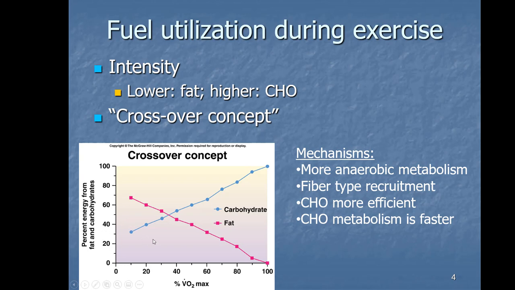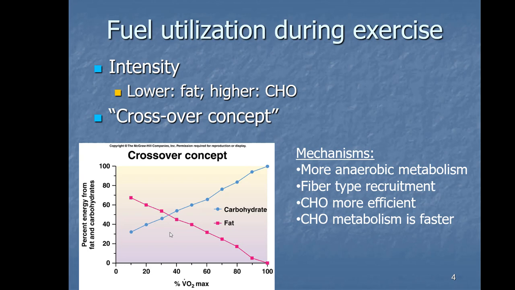As you can see, as intensity goes up, the body relies less and less on fat as a substrate and more on carbohydrate. This crossover point varies depending on the individual, but that's why this is called the crossover concept, because there's a crossover point where you switch from mainly using fat to mainly carbohydrate.